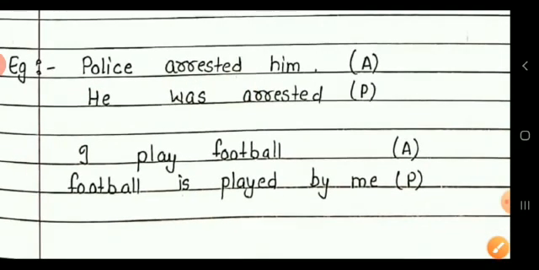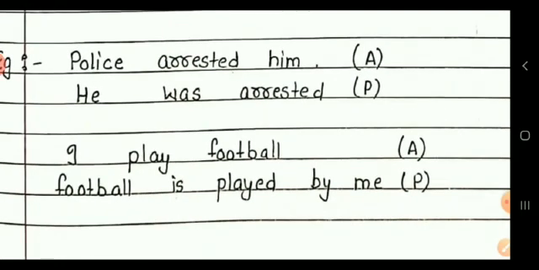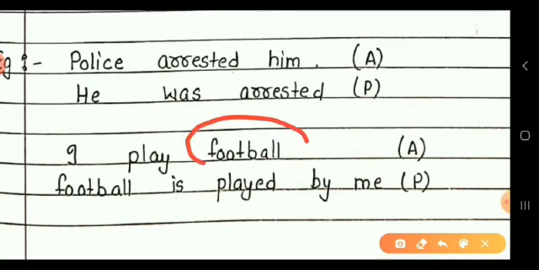Now the next example: I play football. This is active voice. The form is first form, play, and football is the object. We are taking football as the subject. So as it is the first form of the verb, we convert it into the third form.